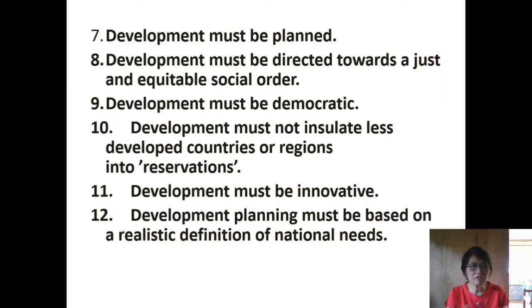It should be for everybody and not just for the rich, where the poor becomes poorer and the rich becomes richer. So, equitable social order. It's not equal, but equitable. Those who exert more effort should be able to get more of the effect of change. So, equitable social order.